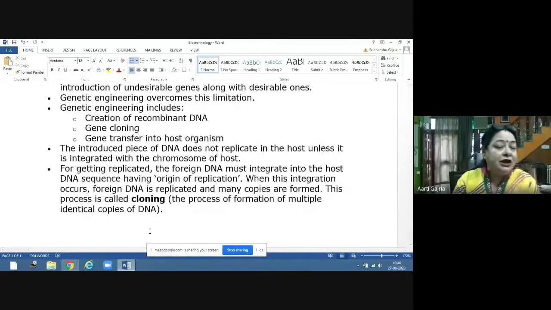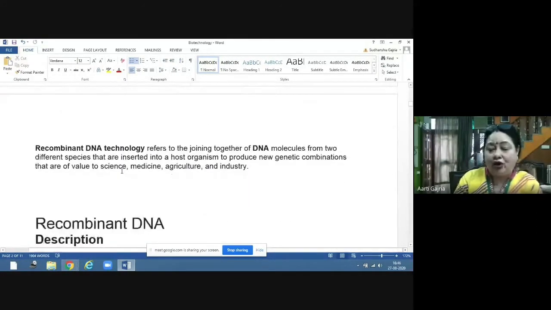Now, recombinant DNA technology. This is the technology by which we are doing the process of biotechnology. It refers to the joining together of DNA molecules from two different species that are inserted into the host organism to produce new genetic combinations that are of value to science, medicine, agriculture, and industry.